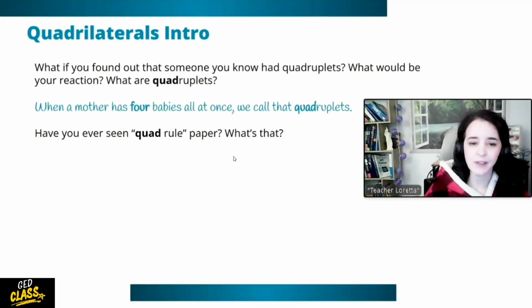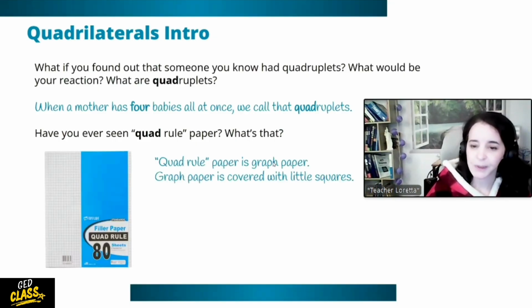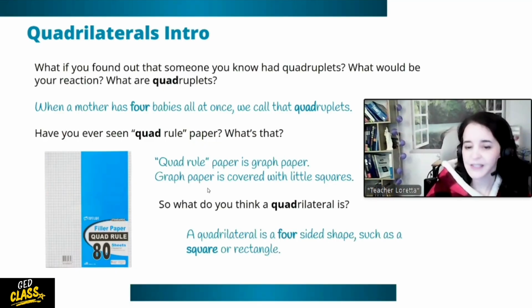And if you've ever seen quad rule paper, it makes little squares, right? Graph paper is covered with little squares. So a quadrilateral is a 4-sided shape like a square or a rectangle, right?